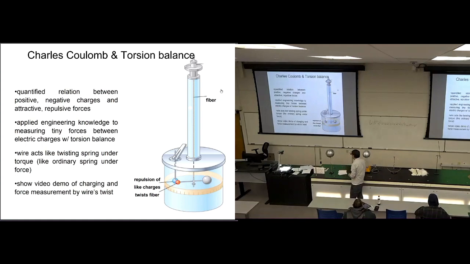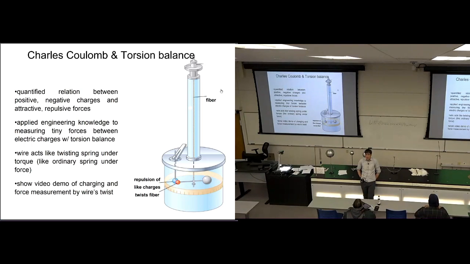Okay, so Coulomb, Charles Coulomb, was a French engineer. Coulomb was a French engineer that built canals and built bridges. And he used his engineering skills for his hobby, which was understanding electricity and magnetism.